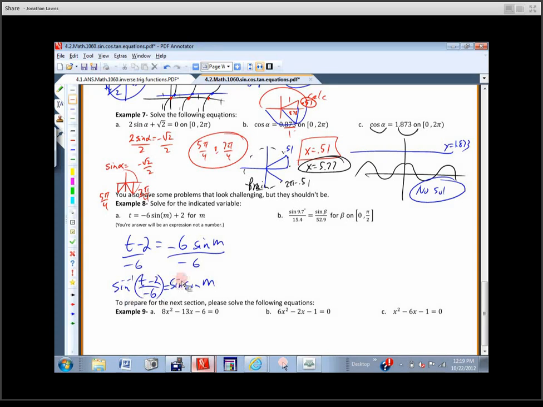So sine inverse of this side, sine inverse of that side. So I get m equals the sine inverse of t minus 2 over -6. If you wrote it this way, 2 minus t over 6, that'd be fine. That one's fine with me. Okay, any questions?